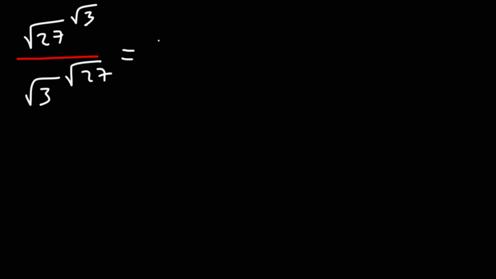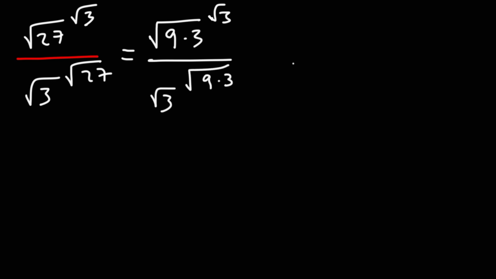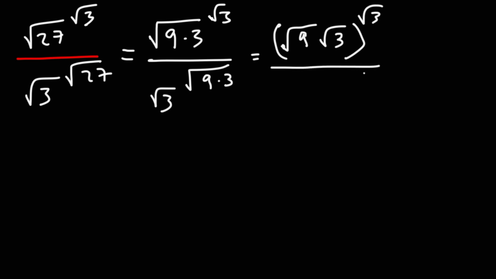So 27, we can write that as 9 times 3. And the same is true for the other 27. Now, we can split this square root into two parts. So we could say it's the square root of 9 times the square root of 3, but it's all affected by the exponent.